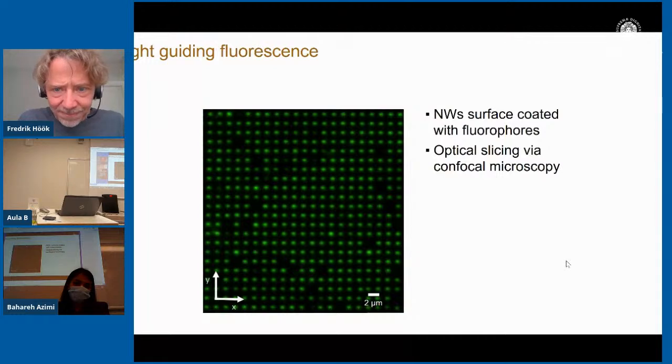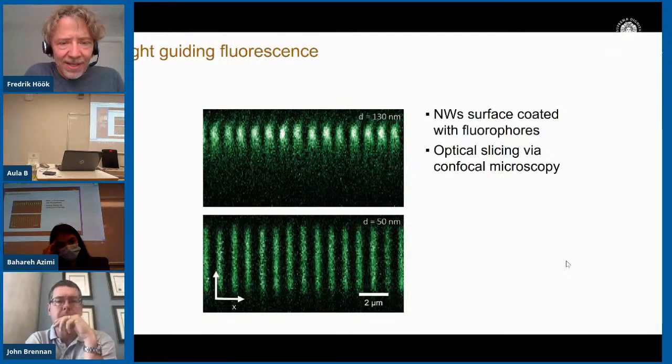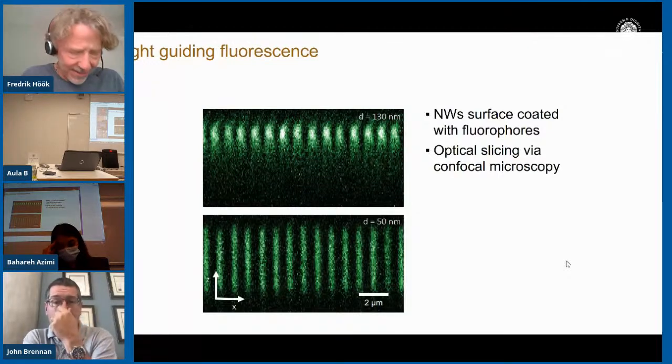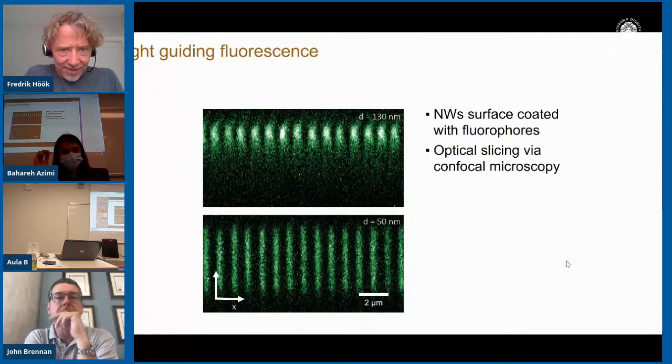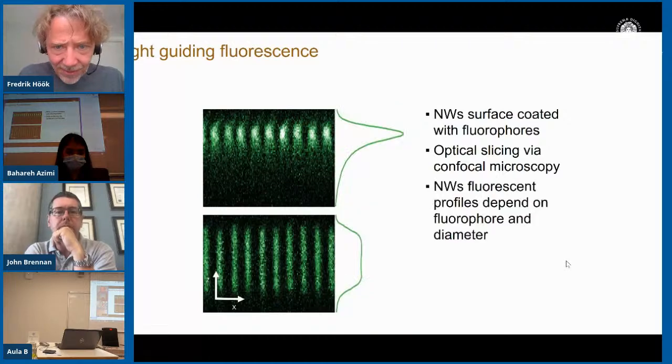This is a top view, and then the optical slicing of this image shows the following: for a nanowire with a diameter of 130 nanometer, you see that the fluorescence emission, despite the fact that the fluorophores are everywhere on the nanowire, occurs at the tip of the nanowire, while if the diameter is below 100 nanometer, the emission is homogeneously distributed along the wire.